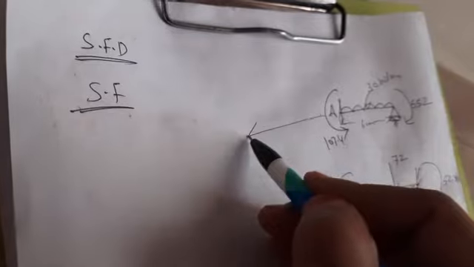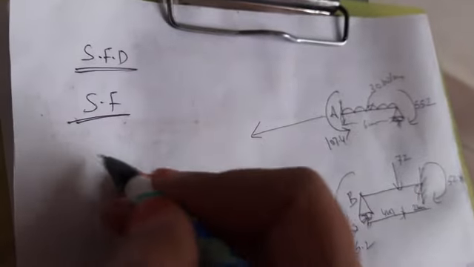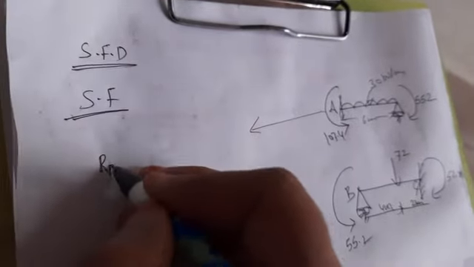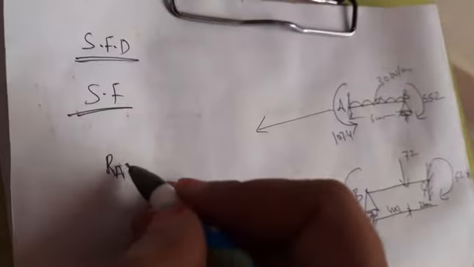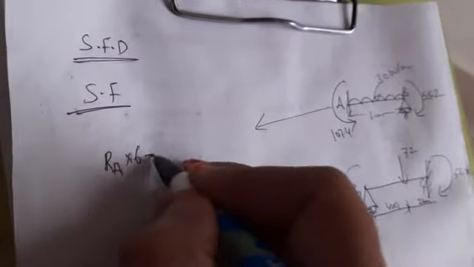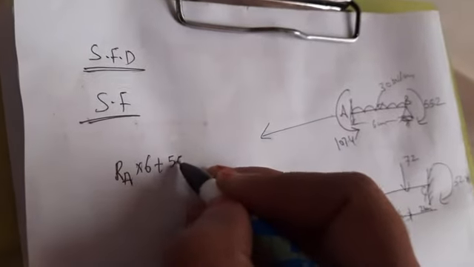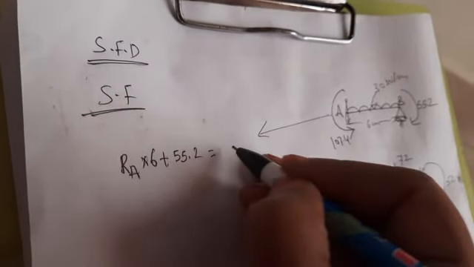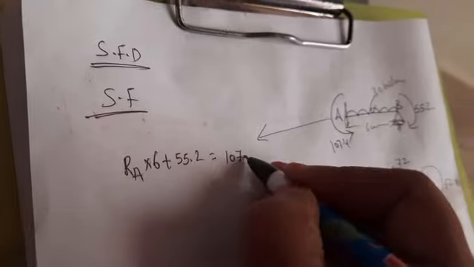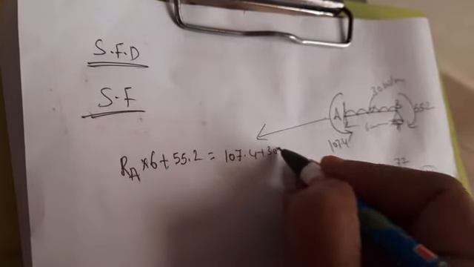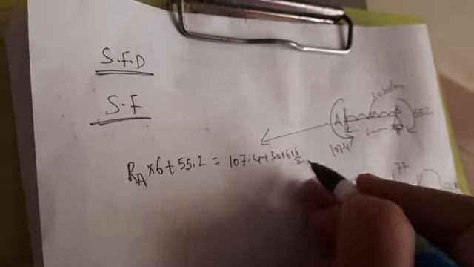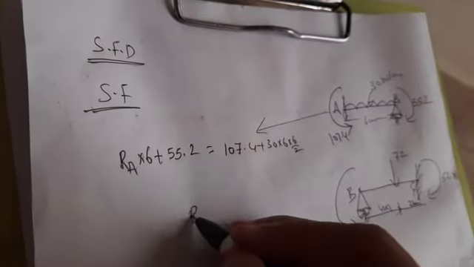Now we will calculate first for the UDL beam AB. Taking moments about B, ΣMB equals 0: RA into 6 plus 55.2 must equal 107, the MA value, plus W into L by 2. Then I will get the RA value.